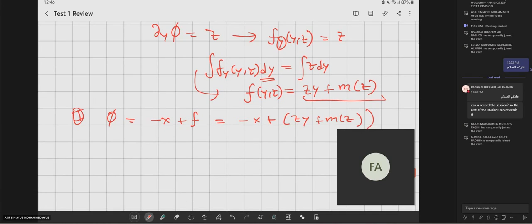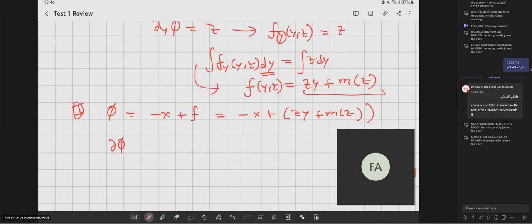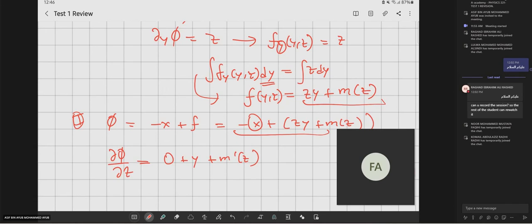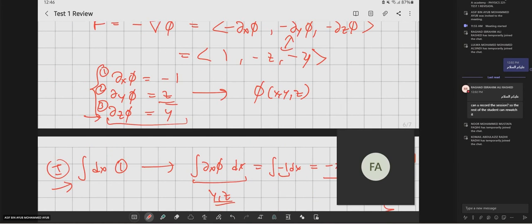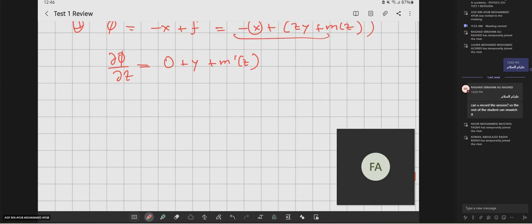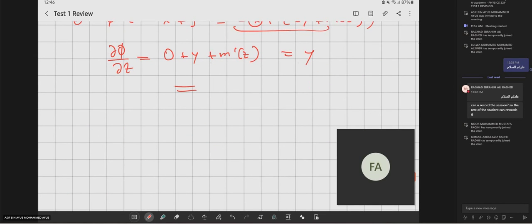Well, we take, again, partial f by partial z of this thing. So in this case, I'll have 0, this will give me 0, and this will give me y plus m prime of z. Now, partial phi partial z, from here, is given to us. This is equal to y. So comparing both sides of the equation, I can say that m prime of z is equal to 0.